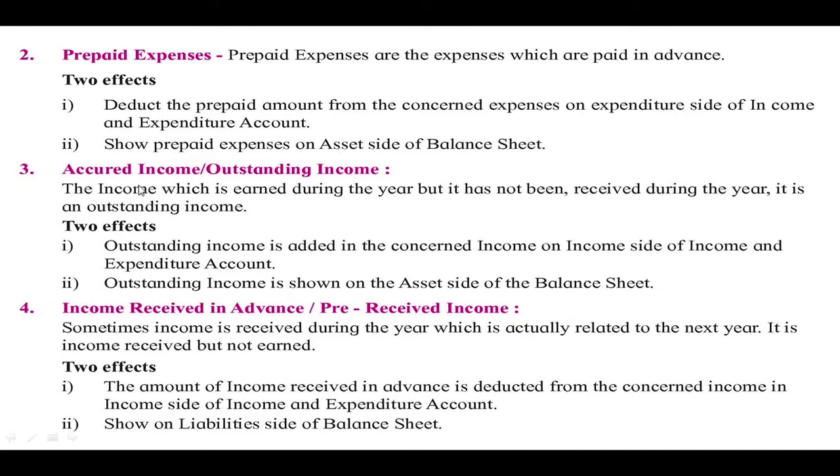Then accrued income or outstanding income. This is the income receivable in the future. That is why it is added on the income side of the income and expenditure account in that particular income account. For example, commission is receivable in the future. So outstanding commission is added to the commission on the income side of the income and expenditure account. That is one effect. The second effect, since this amount is receivable in the future, it is recorded on the asset side. Then income received in advance.